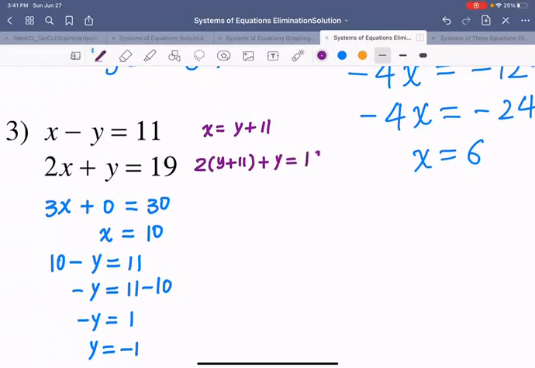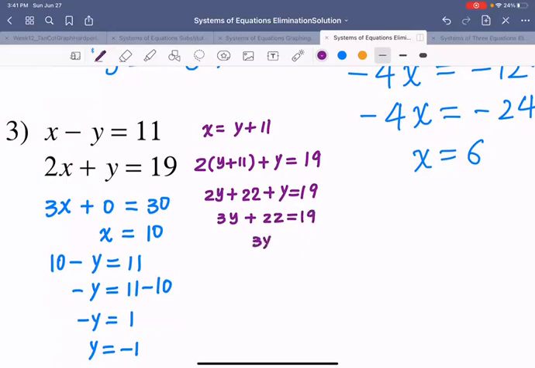equals 19. Okay. So 2y plus 22 plus y equals 19. Next, we can add 2y plus y to make it 3y. So 3y plus 22 equals 19.